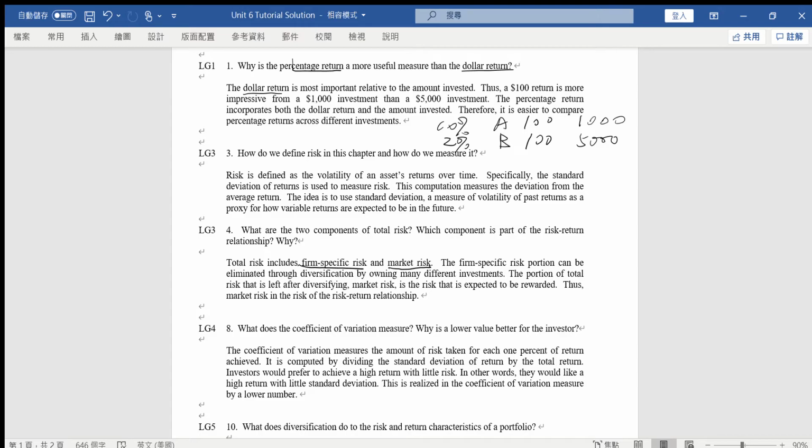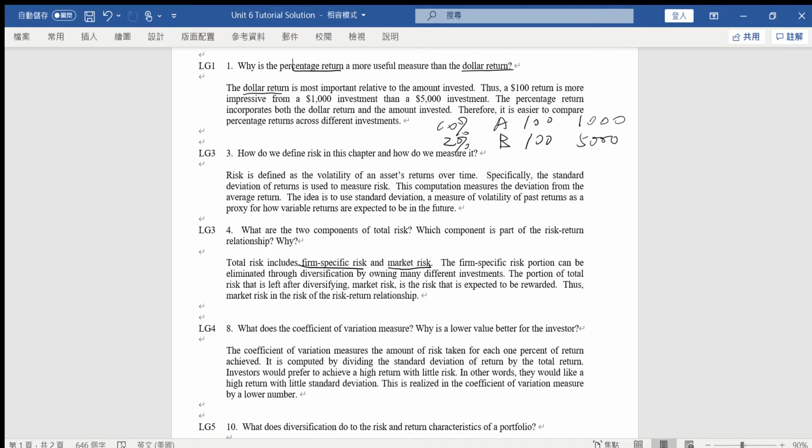If you hold more different kinds of investment, the risk of each firm will be diversified away. The more you hold, the lower the firm-specific risk you will have. But down to a certain level, it cannot be diversified anymore.